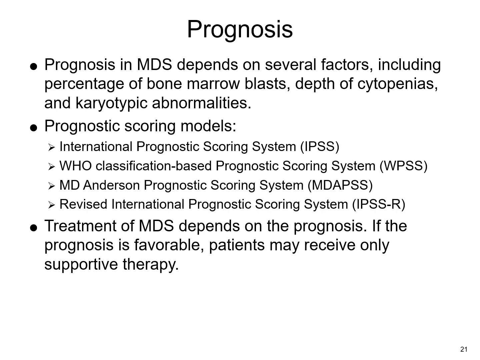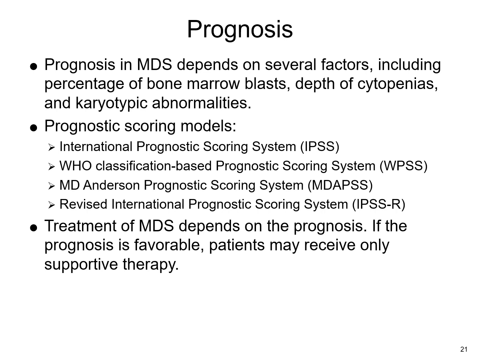So the WHO classification system uses the similarities in morphology, molecular, genetic, immunological, and clinical characteristics to help with that prognosis. But there are other prognostic scoring models that are out there. Those are listed here, some of the other ones that are out there.